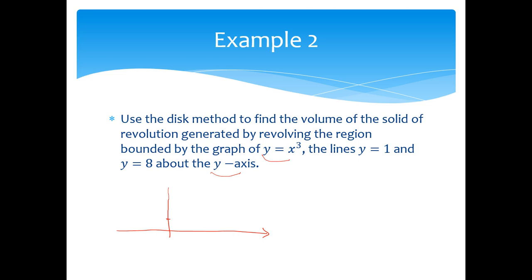The region starts here, and that's a cubic function, so it's going to look something like this, from 1 to 8. Let's say this is 8 right there. When we revolve that region, we're going to get a shape that looks like this, from 1 to 8. We want to find the volume using the disk method.